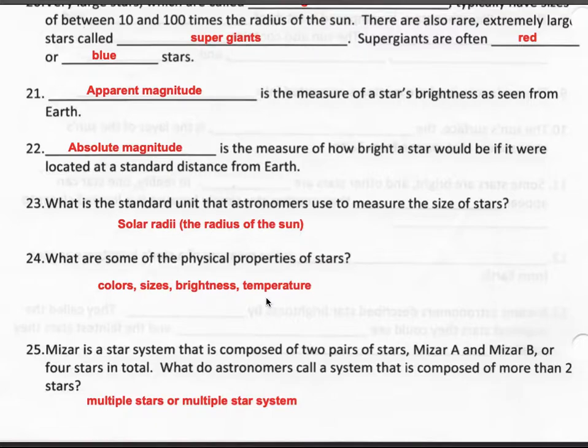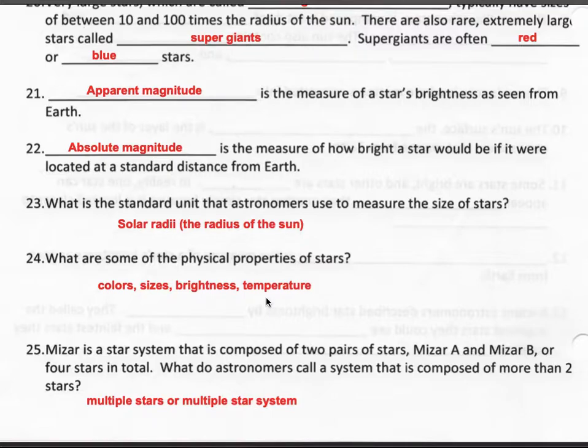Apparent magnitude is the measure of a star's brightness as seen from Earth. So if you wanted to rate the stars while viewing them from Earth, either with your eyes or with a telescope, you would be giving the apparent magnitude brightness of the stars.